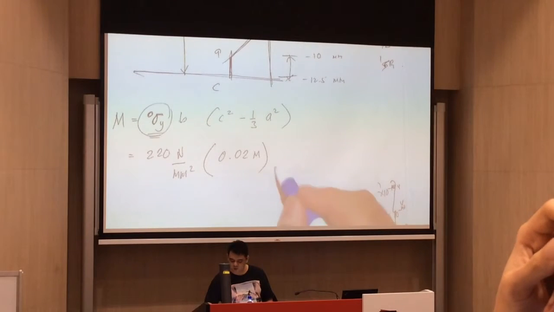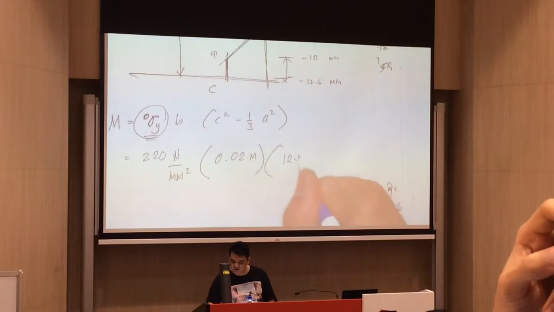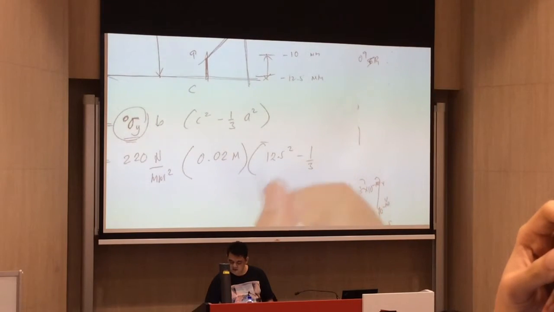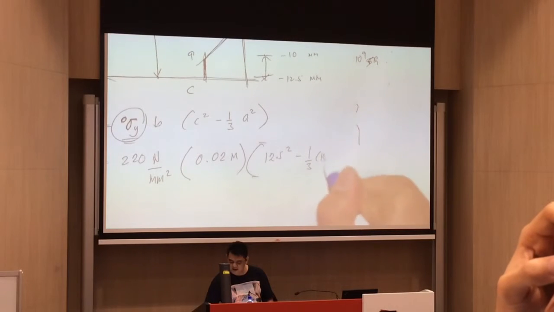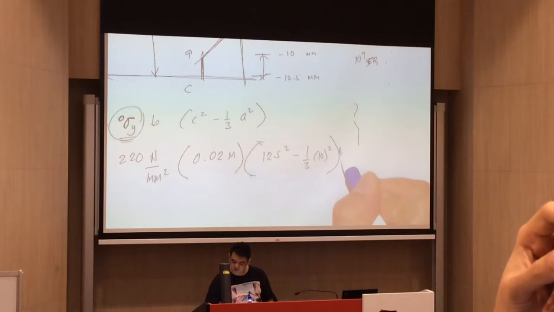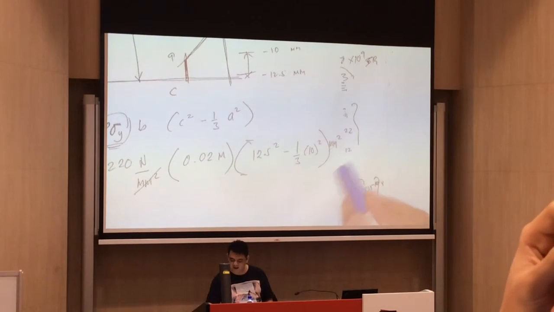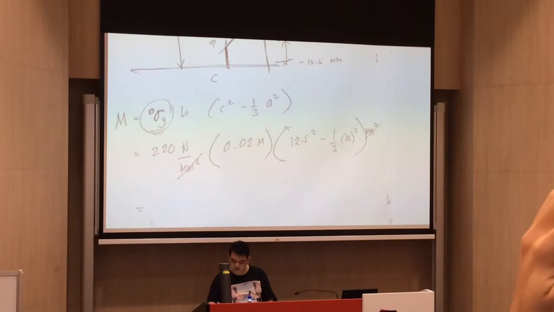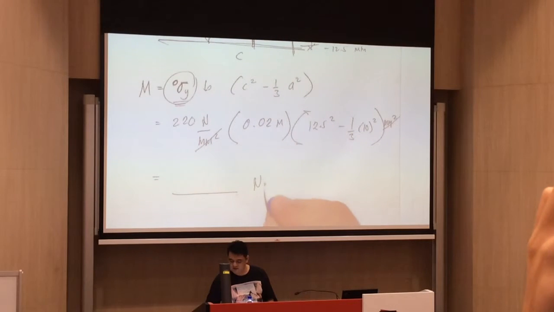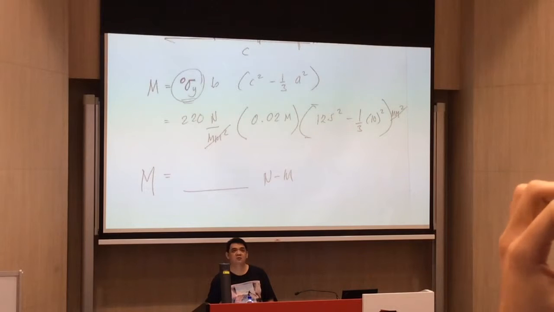So what do we have for this one here? C squared, that will be 12.5 squared minus 1/3 of that 10 millimeters squared. So my value here will be in millimeters squared. So I will be cancelling that millimeter squared, so that my answer here will be in Newton meter. So that will be my moment.